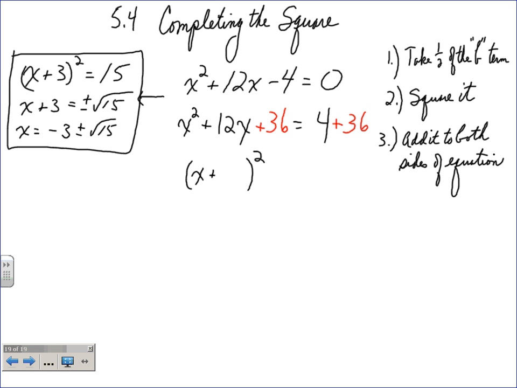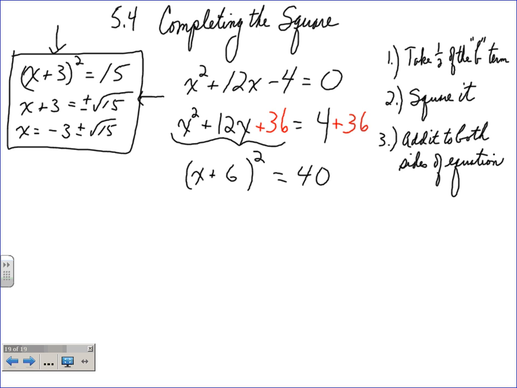And the reason we complete the square is so I can factor this now. Let's factor the left-hand side as x plus 6 quantity squared. And over on the right-hand side, 4 plus 36 is 40.